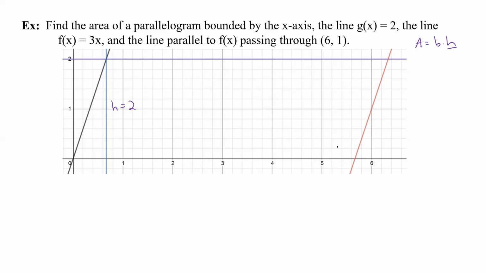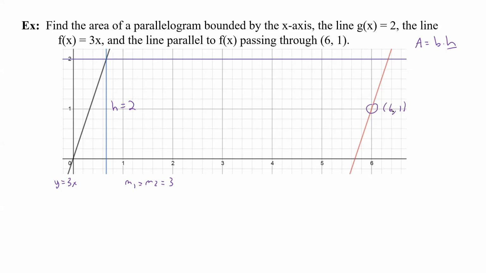All right, so what are we going to do? We know that this was y equals 3x, and we know that this point was (6, 1). Since those are parallel lines, m1 equals m2, which is equal to 3, because we knew the slope here. Now we use our point-slope formula.